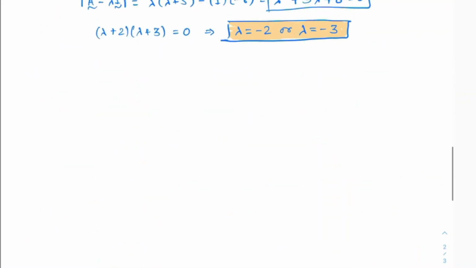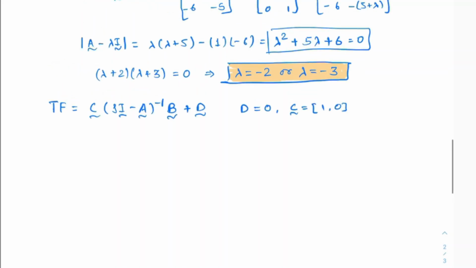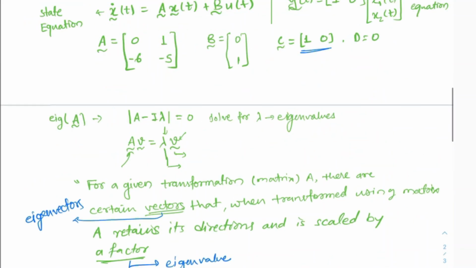The transfer function is given by C times (sI minus A) inverse times B plus D. In our case, C is 1 comma 0, A we just wrote here, and B is 0, 1.